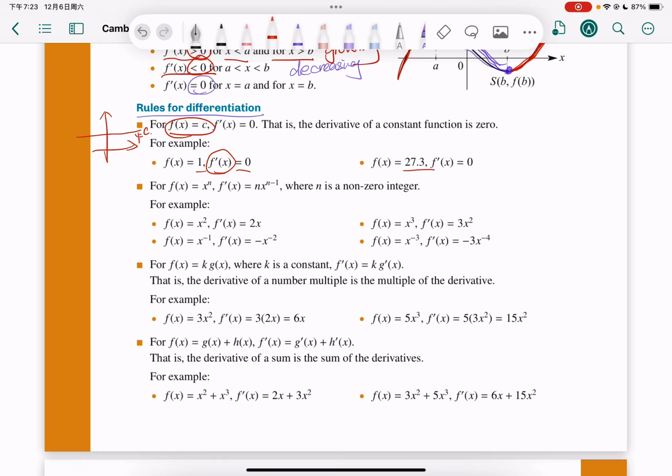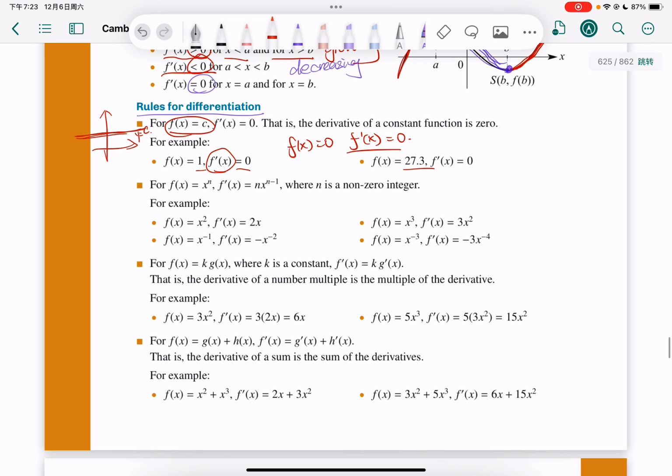So their rate of increasing at all points is 0. You can see from this line over here, it's not increasing or decreasing. It's flat, so it's 0. Even for f(x) equal to 0, we also have the derivative equal to 0. Okay, that's for the constant function.